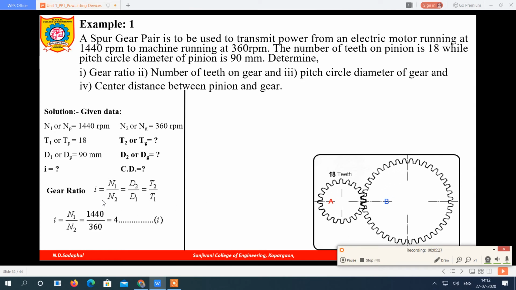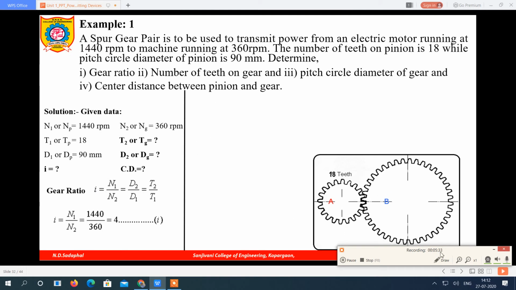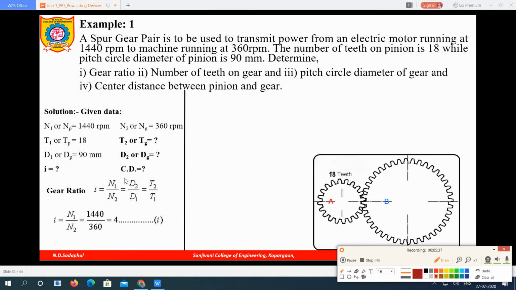Now again we know the formula of gear ratio, i, in terms of D. We have calculated i. Now we have to calculate T2 and D2. So now we can use these two formulas, D2 upon D1 and T2 upon T1.